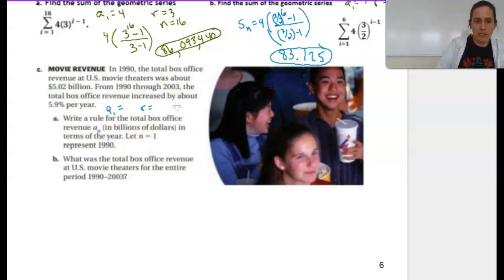We know our initial value is the $5.02 billion, and the rate comes from this percent. If you remember back in exponential equations, this is exponential growth because it says it's being increased.